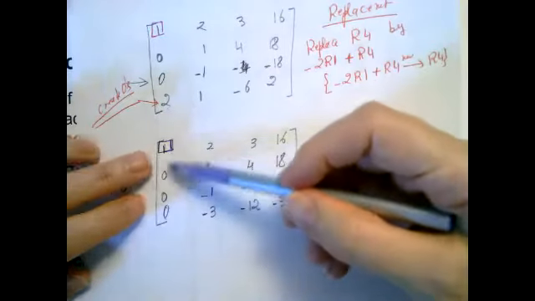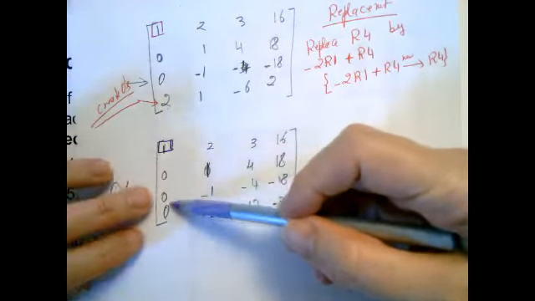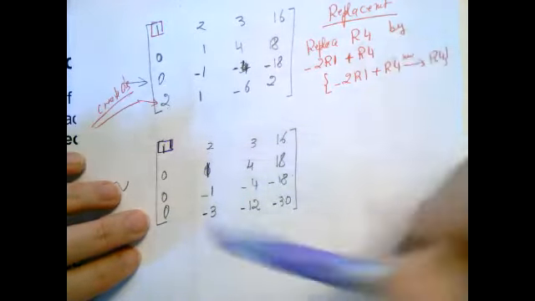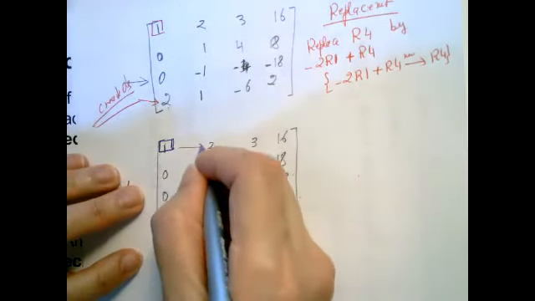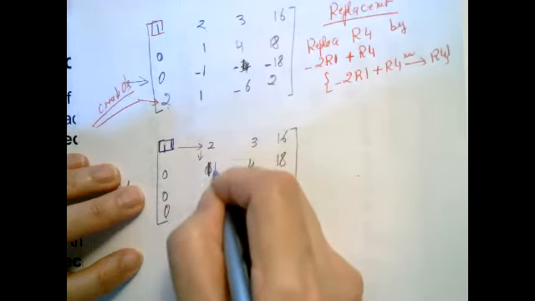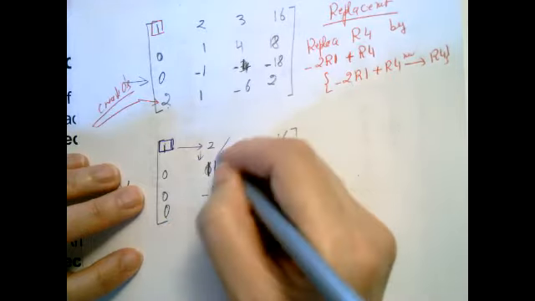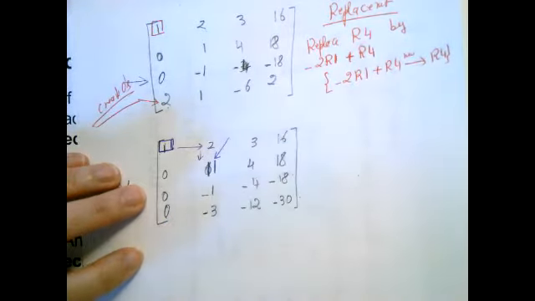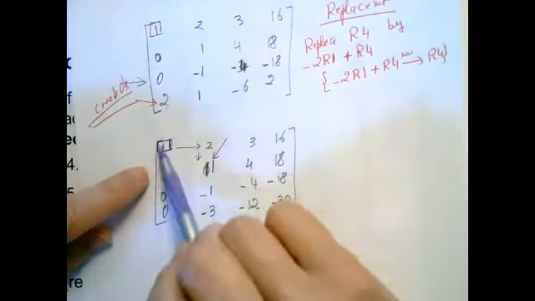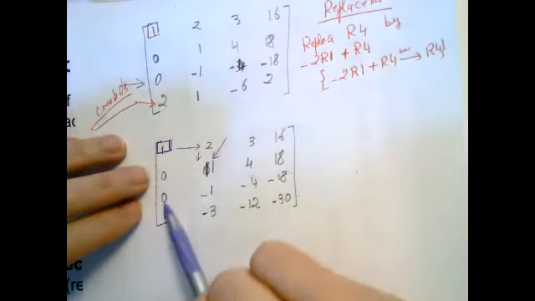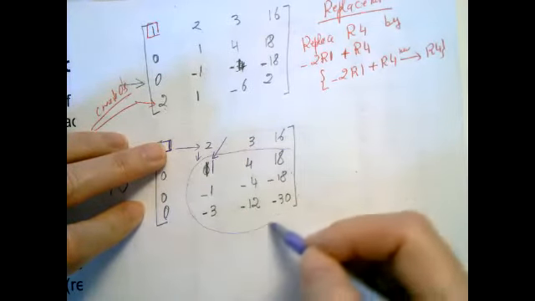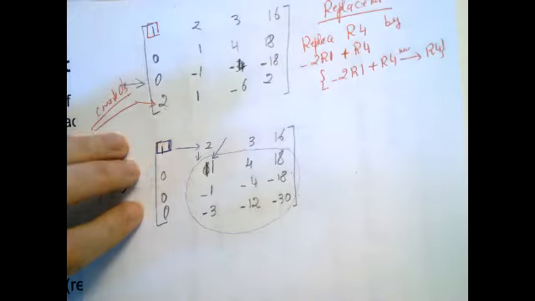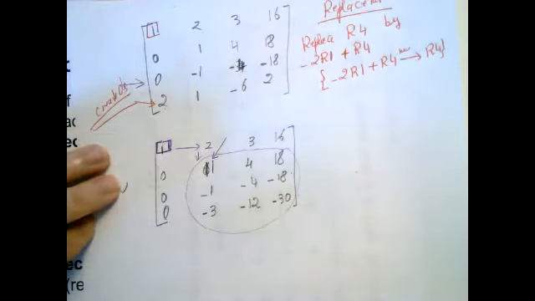Once I make everything below my leading entry into a 0, I move to the other leading entry. I go to my second row, moving to the right and below, and I try to create a leading entry in the spot. Right now I ignore this part and start repeating the process on this smaller matrix. That's how we're going to do it.